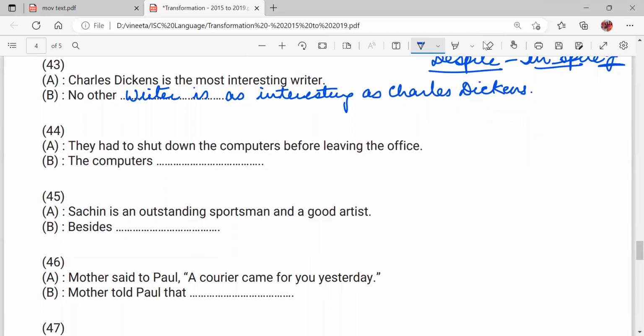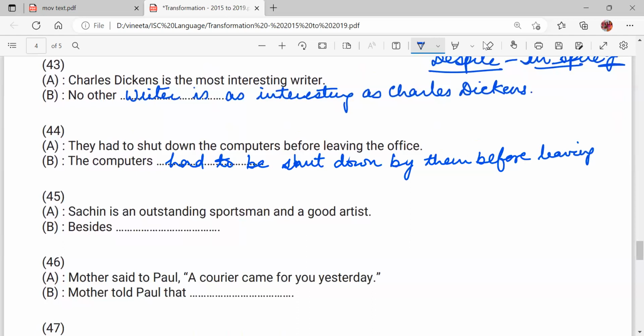The computers had to be shut down by them before leaving the office.